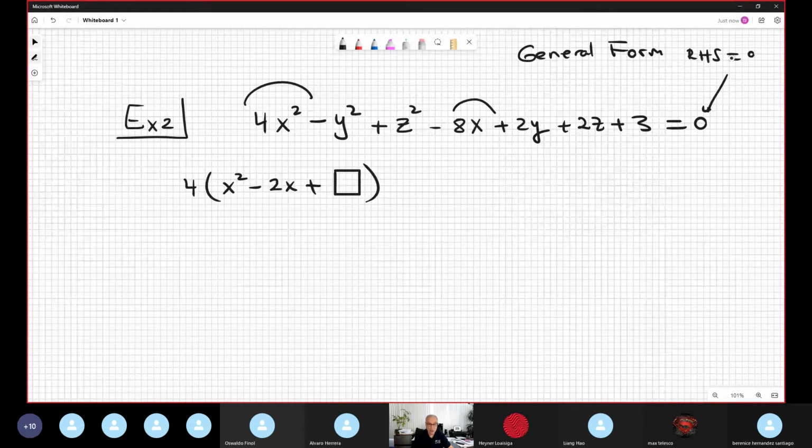And the y part is minus, y squared minus 2y, that double minus becomes positive, plus another box. And it is plus z, parenthesis, z plus a box. Equal, and this 3, I move to the right-hand side, like a minus 3.